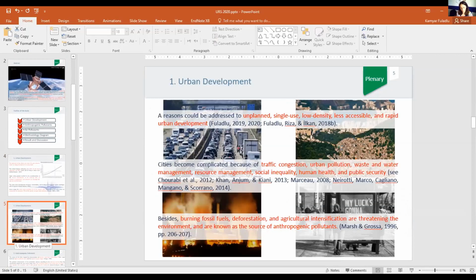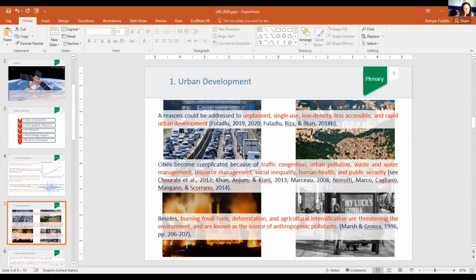So one of the big problems in urban areas nowadays is unplanned, single-use, low-density, less accessible, and rapid urban development, which is often addressed as urban sprawl. But of course, the city itself also becomes very complicated because all cities deal with different issues such as traffic congestion, urban pollutants, waste, water, sanitation management, resource management, social inequity, human health, and public security.